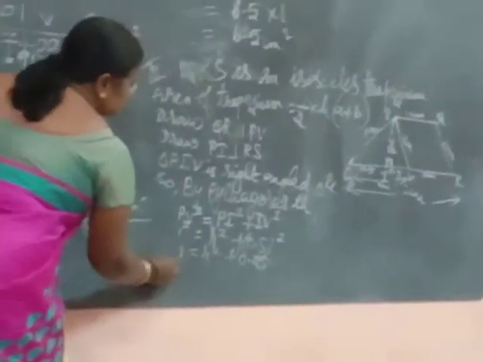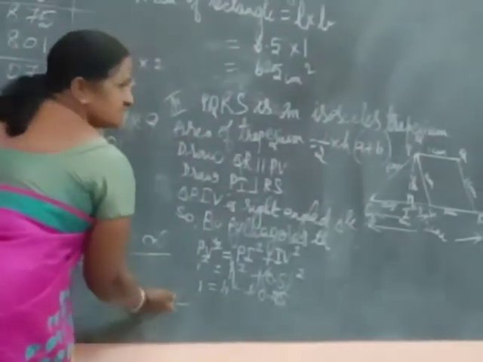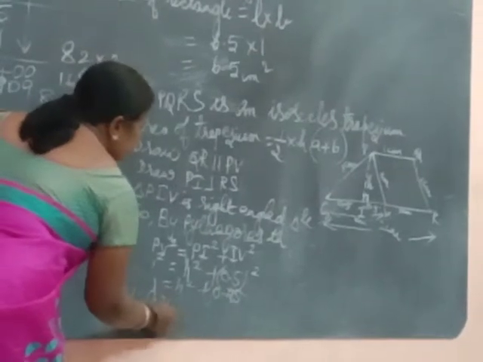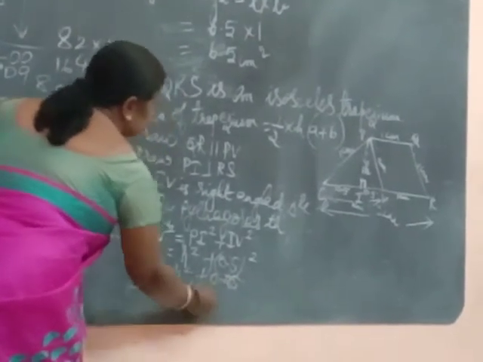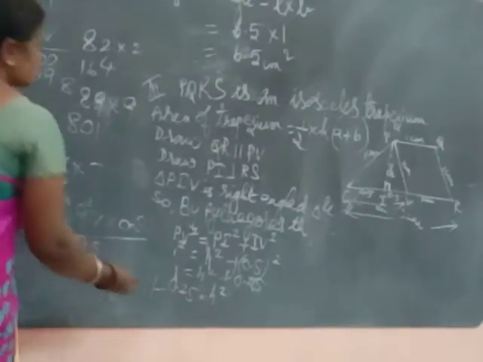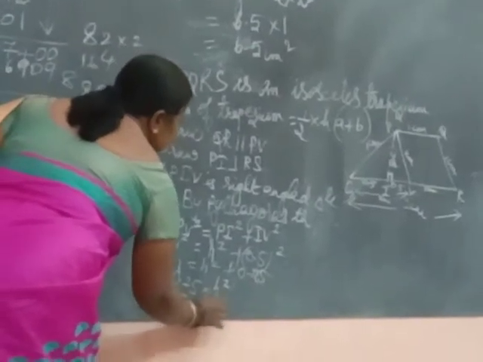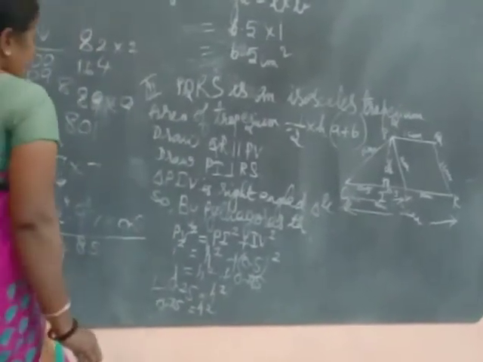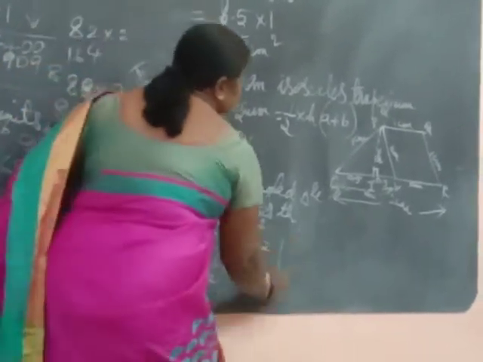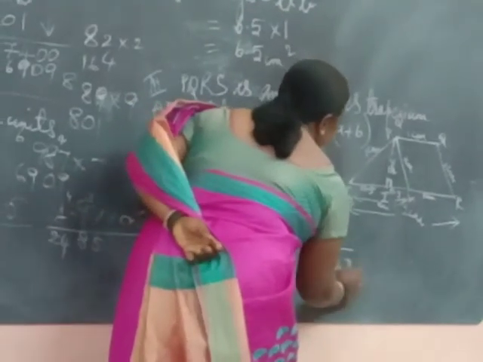Now let us take 1 minus 0.25. If you subtract, how much do you get? 0.75 is equal to H square. Now H is equal to what? Square root of 0.75.